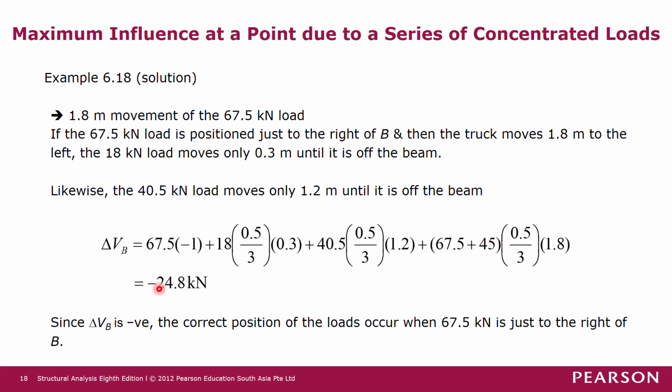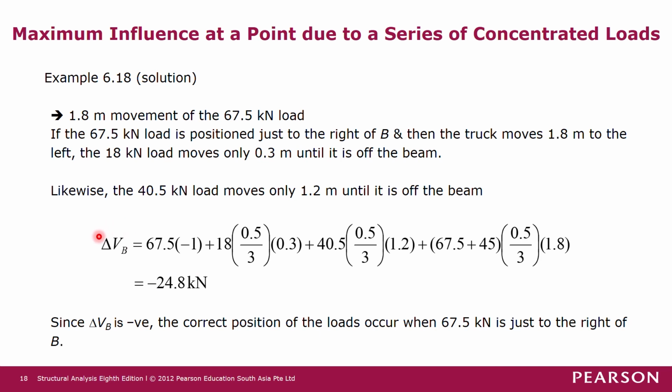So we can see that due to the movement of the 67.5 kilonewton force from just to the right of point B, moving to the left along the beam by 1.8 meters, we are getting a negative change in shear force.